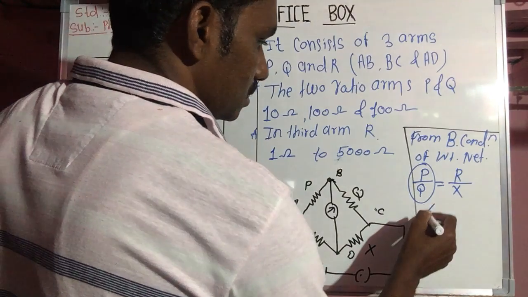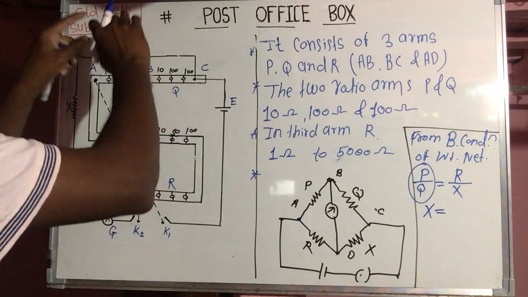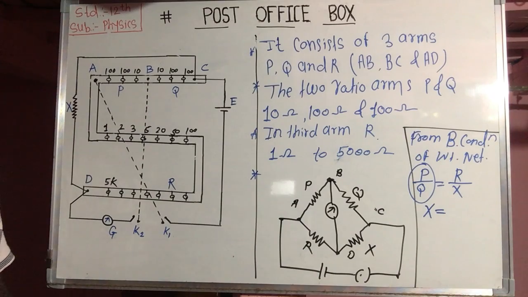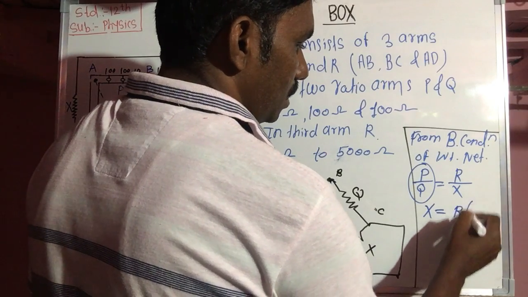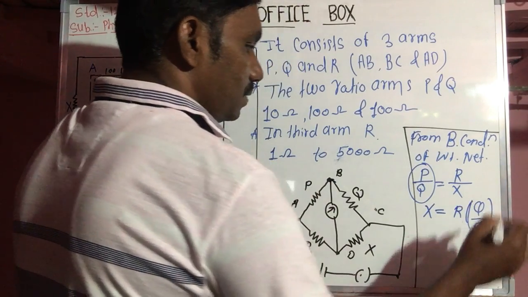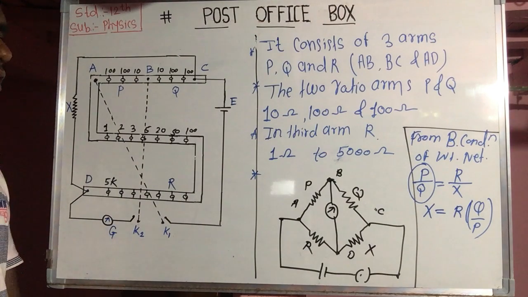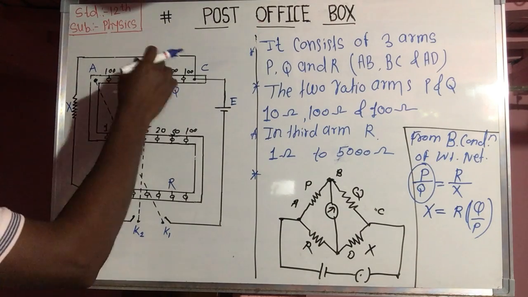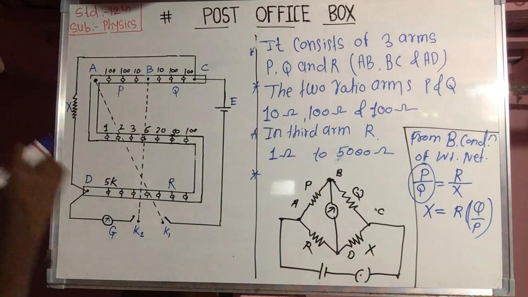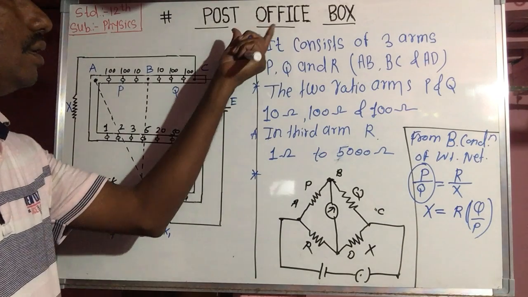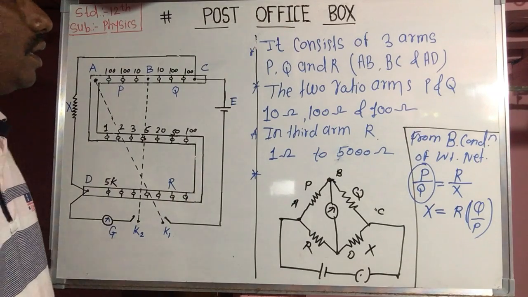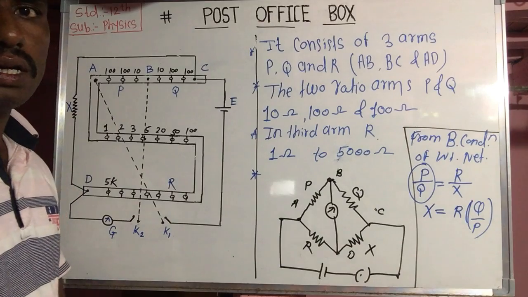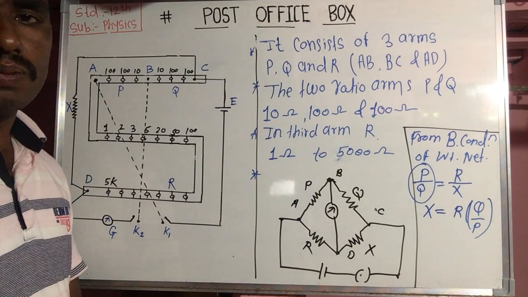So what is the value of X? From the post office box we determine the unknown resistance X. X equals R into Q by P. That means from the post office box we can determine the value of an unknown resistance connected in any arm, here the arm CD. This phenomenon was used in post offices, but recently it is not used because telegraphs and transmission lines are no longer used.